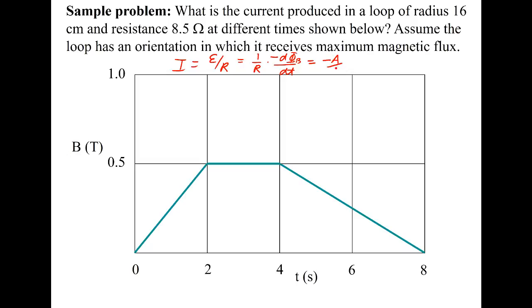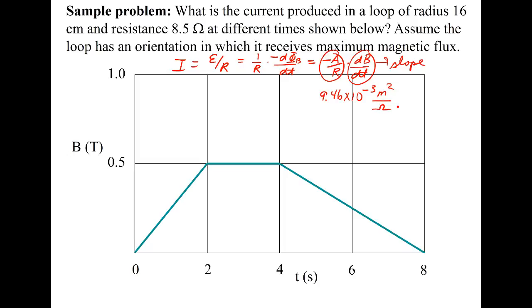So we have negative A over R, and we will have dB dt. Now, dB dt is just the slope of this graph. So if we calculate the slope at different points, we can find out how much the current is going to be. Now, I've already calculated A over R, and that's about 9.46 times 10 to the minus third, and that's going to be meters squared per ohm.